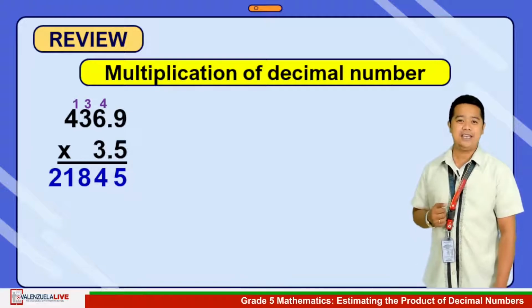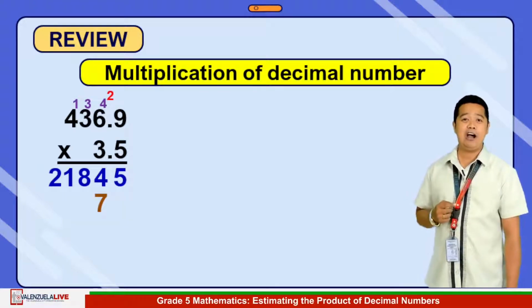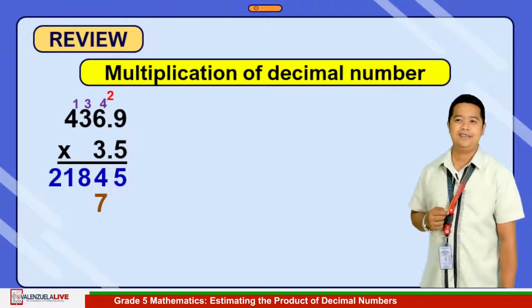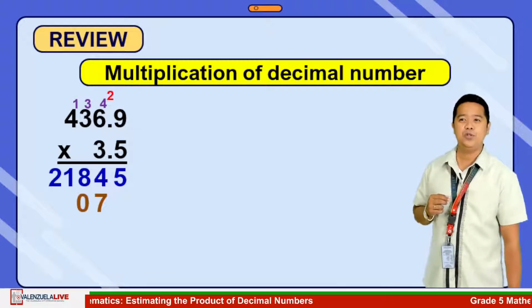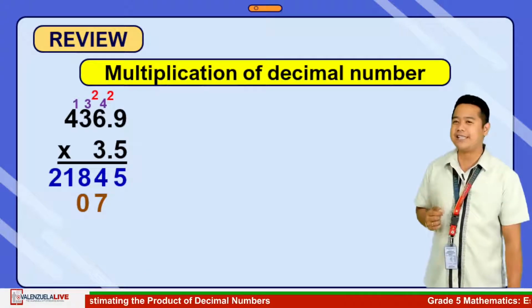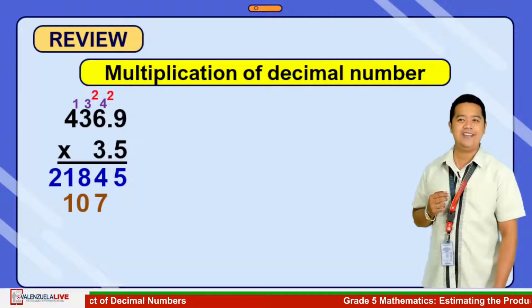And 3 times 9 is what? Very good, 27. And how about 3 times 6? Very good. It is 18 plus 2 is equal to 20. And 3 times 3 is equal to 9, plus 2 is equal to 11.